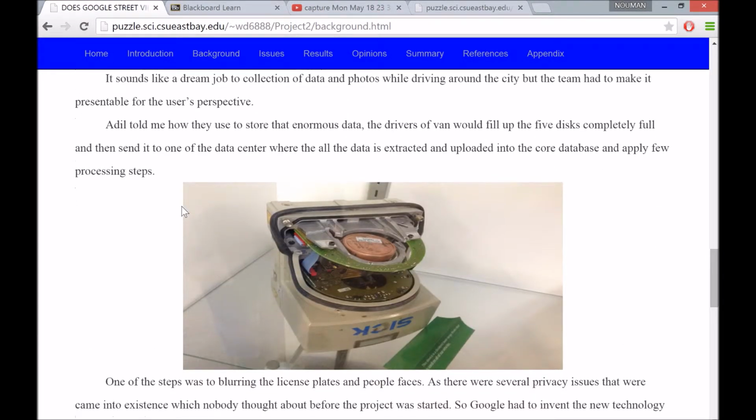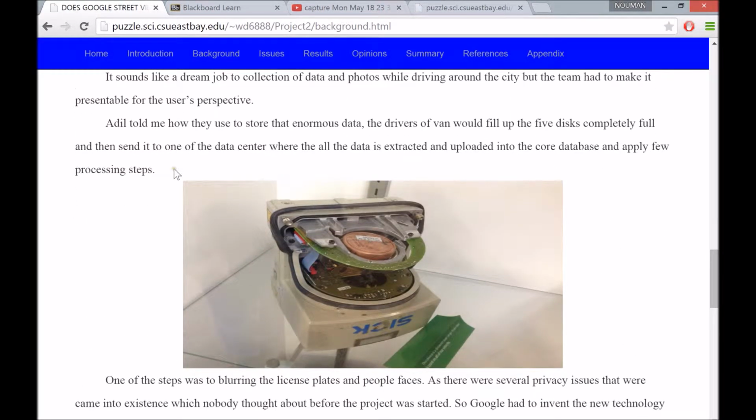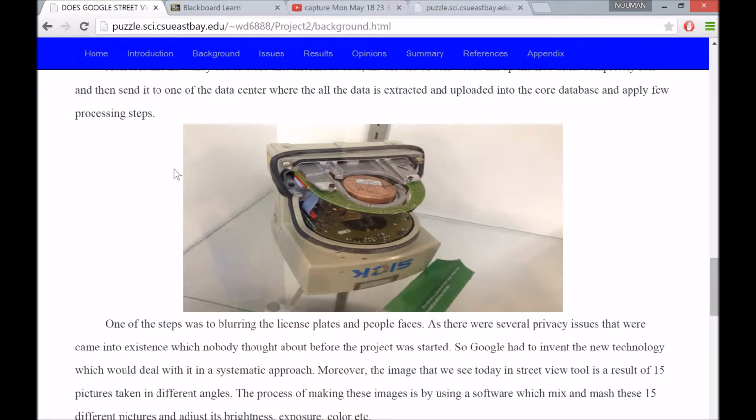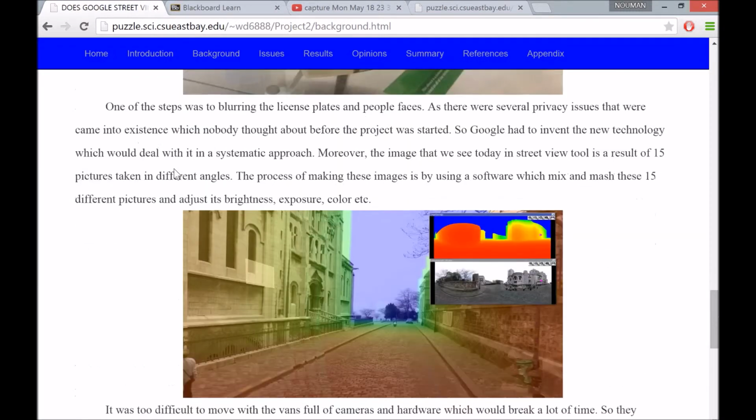That was the old hard disk that they used in their vehicles to save the data. They used to fill at least 6 to 8 hard disks at a time, and then send them to the Google centers to process the data.